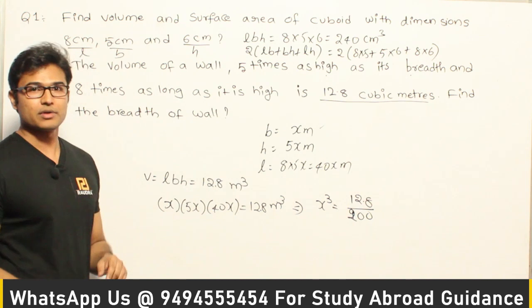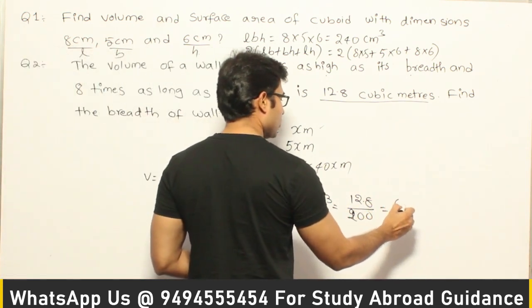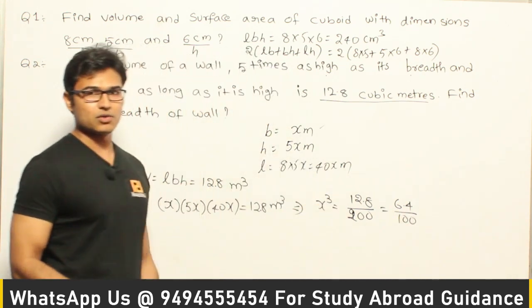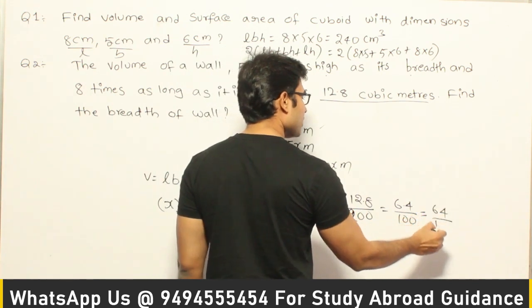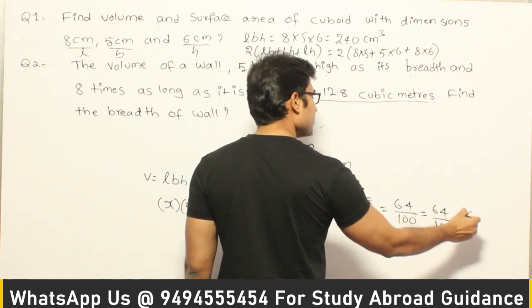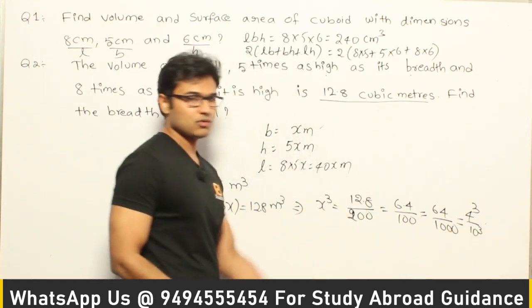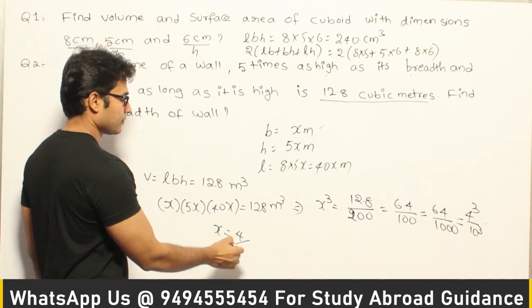So 5 into 40, right? Now you can write it as 6.4 divided by 10. I am cancelling off using 2's. This can be written as 64 divided by 1000. This can be written as 4 cube divided by 10 cube. Now x cube equal to 4 cube divided by 10 cube, therefore x is going to be 4 by 10.